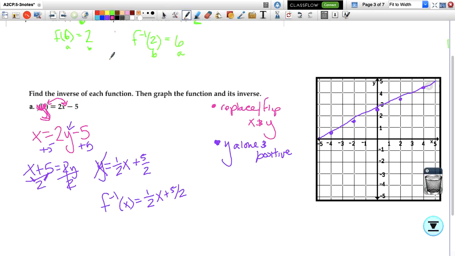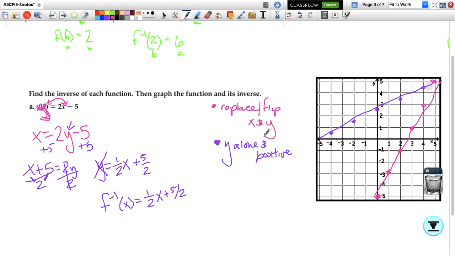We'll do that one in pink. It was y equals 2x minus 5. So this one's going to start down at minus 5, and it's going to go up 2, forwards 1, repeating. And it goes like this.